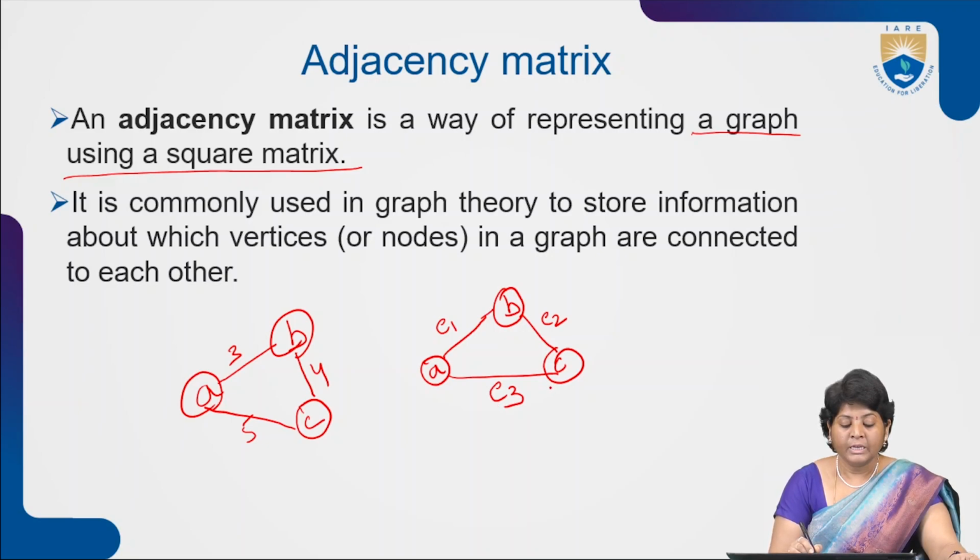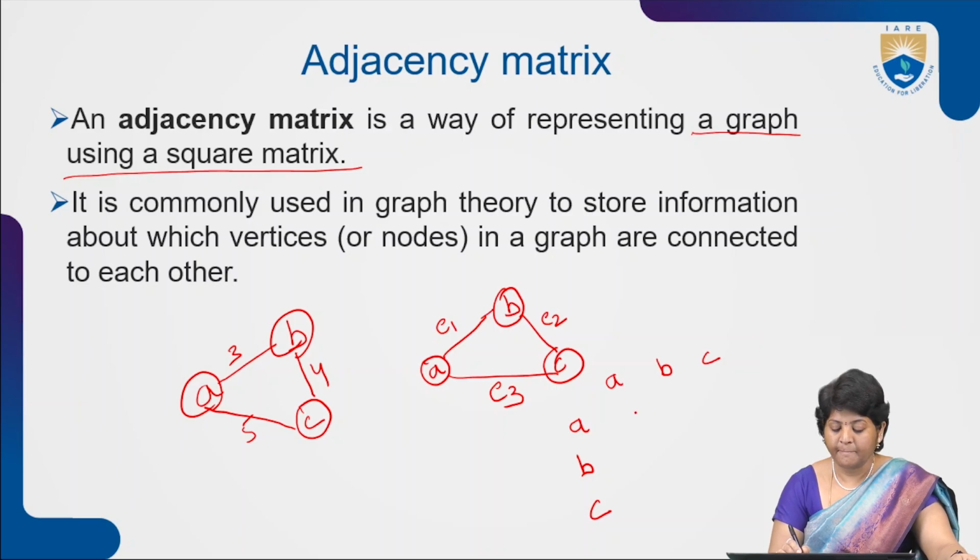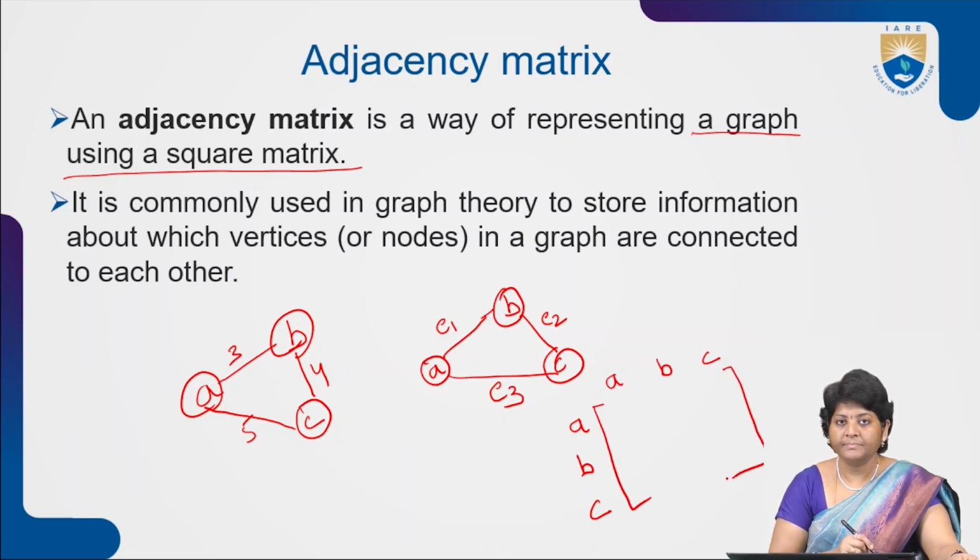Now, to perform some activity, I need the adjacency matrix. How will we represent that in terms of a square matrix? Here it will tell the relation between the vertices which are adjacent to each other. So the matrix we will represent like this.